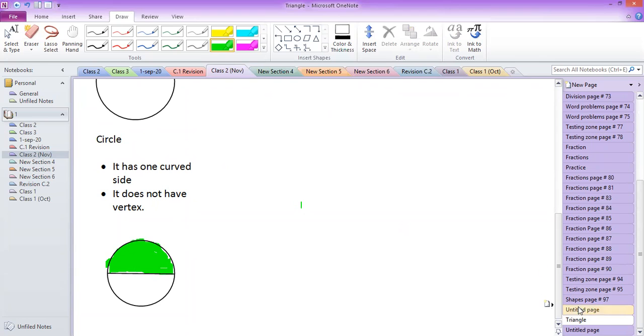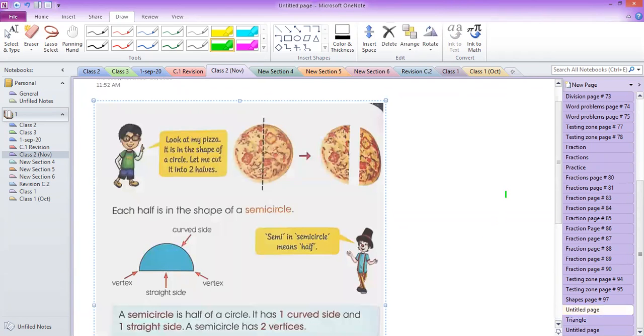When you cut a circle into half, that becomes a semicircle. Look here. This is a pizza, right? This is a whole pizza. If you divide it into two equal parts, every part of it is in a semicircle shape. Semi means half of the circle.